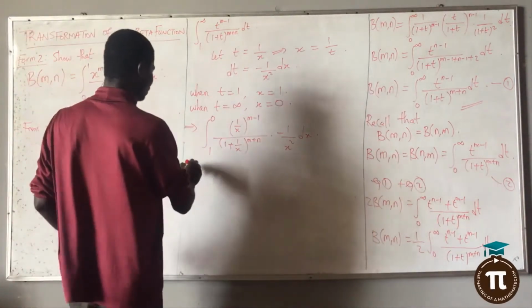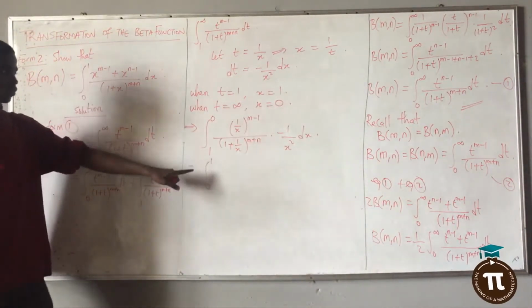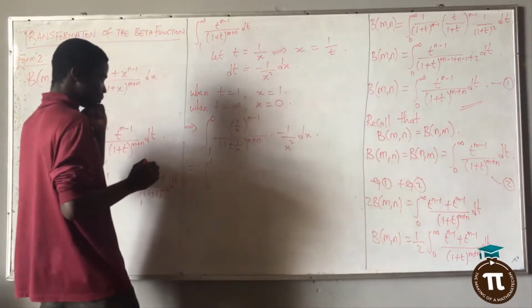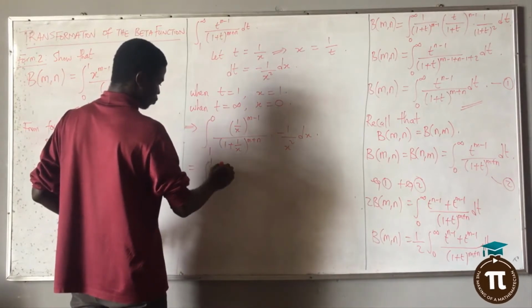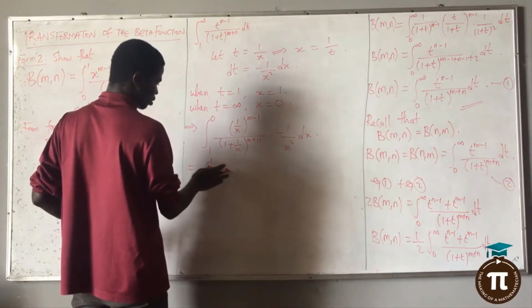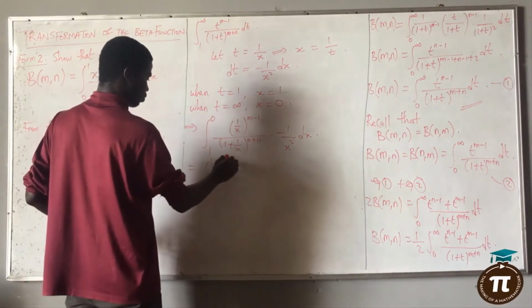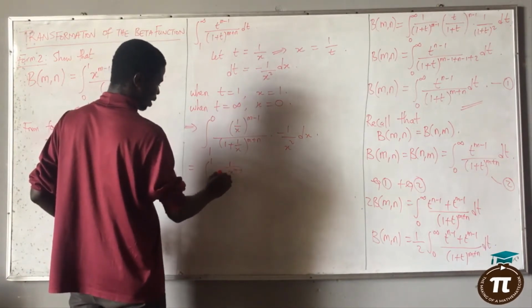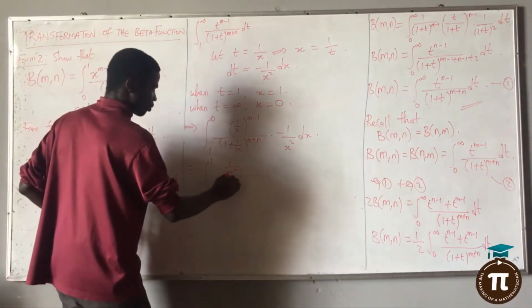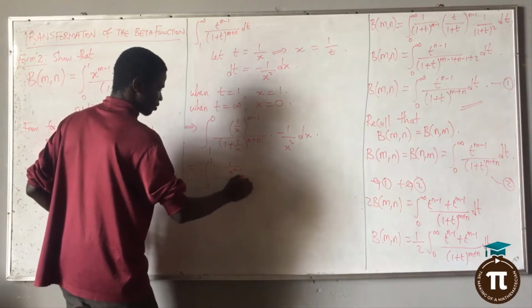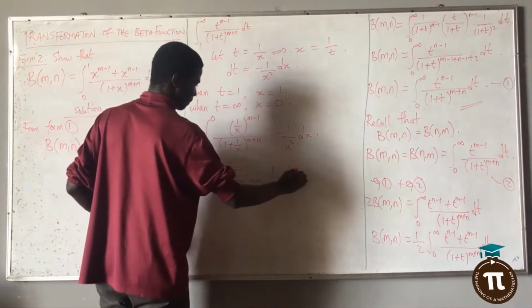So I'll swap the bounds so that I get the integral from 0 to 1. When I swap the bounds, I get the integral from 0 to 1 of 1 over x raised to the power of m minus 1, all over 1 plus 1 over x, which is 1 plus x over x, raised to the power of m plus n, multiplied by 1 over x squared dx.